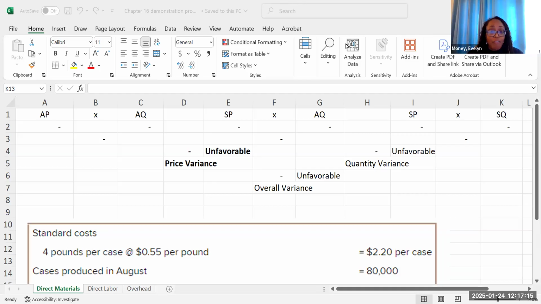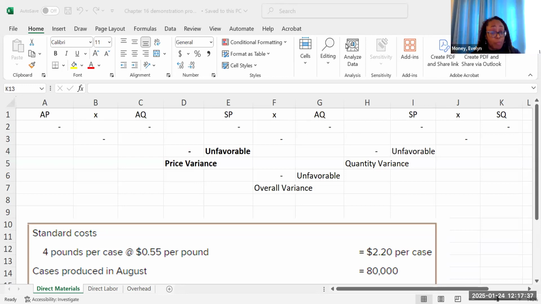When we calculate our variances, we'll examine them to determine if the variance is favorable or unfavorable. So this requires some subtraction. When we do that subtraction, of course, we're going to get either a positive or a negative number. If the number is positive, it is actually an unfavorable variance because we're talking about spending money here. We're talking about materials, labor, and overhead.